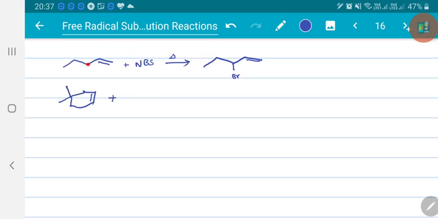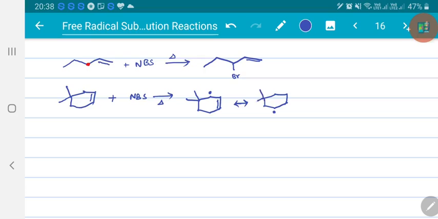Now if you take another type of compound and allow it to react with N-bromosuccinimide on heating, you will get an allylic radical. Of course, this allylic radical may undergo rearrangement also. So instead of the radical here, you may get a radical here also.